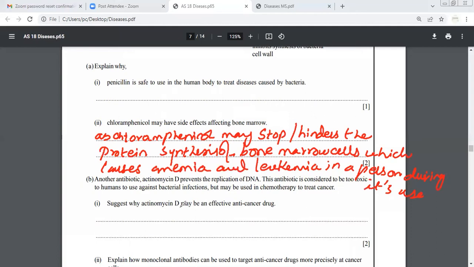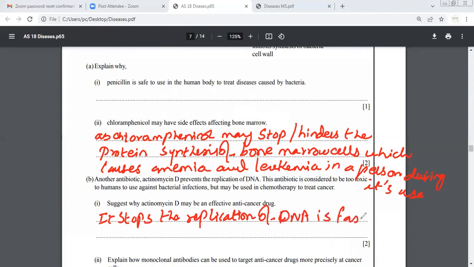Suggest why actinomycin D may be an effective anti-cancer drug. Because it stops the replication of DNA in fast growing cells.